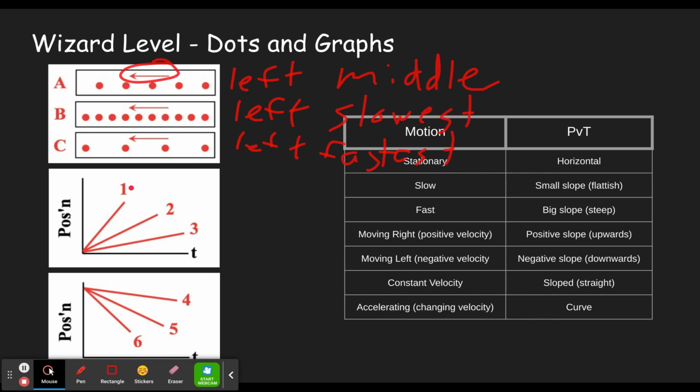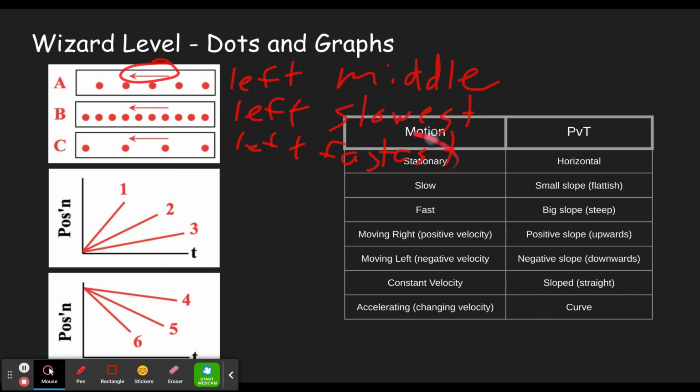Well, we know that since it's moving to the left, it's going to have a negative slope. It's going to slope downwards. Since all of these are to the left, that means all of them are going to be down here in the bottom. Anything that's pointing to the right is going to have a positive slope, meaning it's going to be one of these ones. But these all 3 are down here. So we know we're going to be picking 4, 5, and 6.